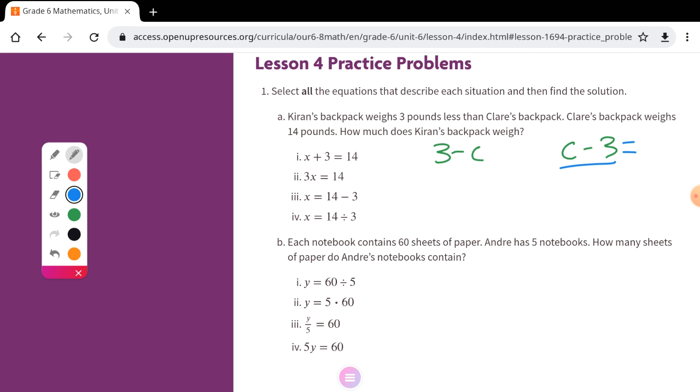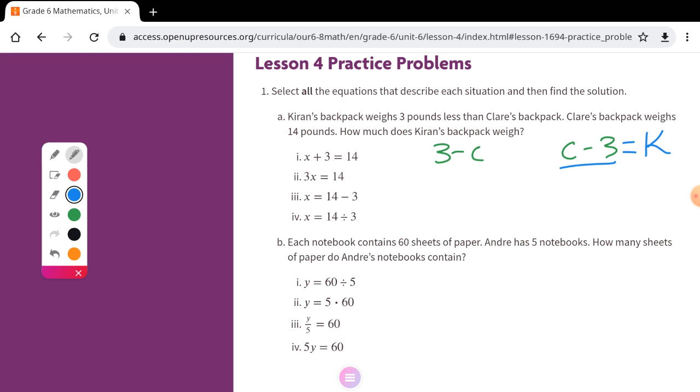14 is Kieran. So Claire's minus 3. So Kieran's backpack is 3 less than Claire's. So this equals Kieran, right? Yeah. Claire's minus 3 equals Kieran's.